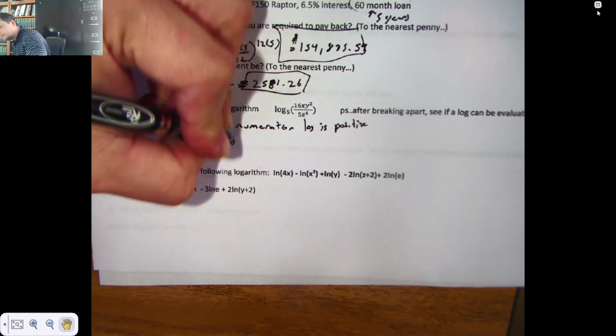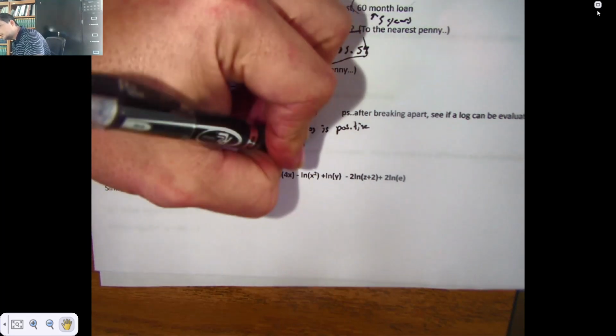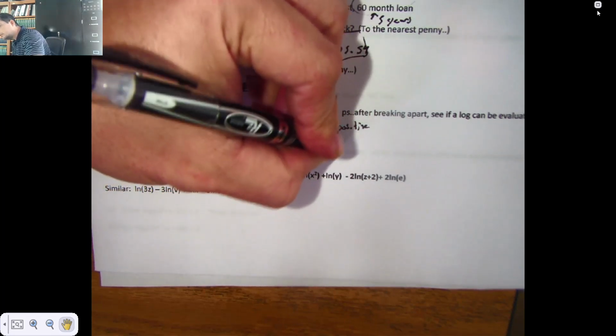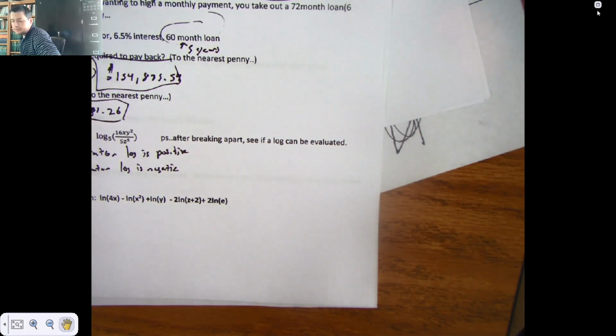If in the denominator, the log is negative. So let's expand that one. This one's got a whole bunch of pieces. Looks like it's got 5 pieces to me.